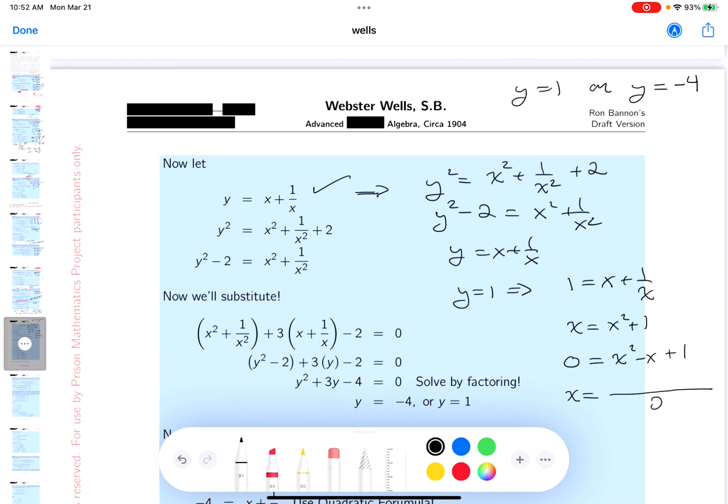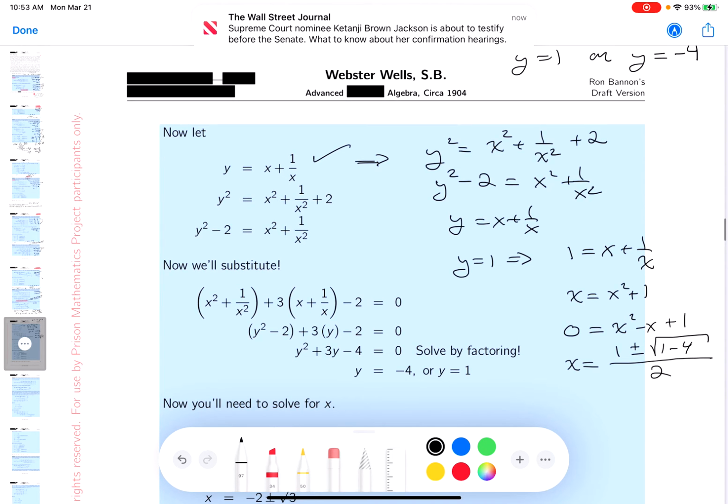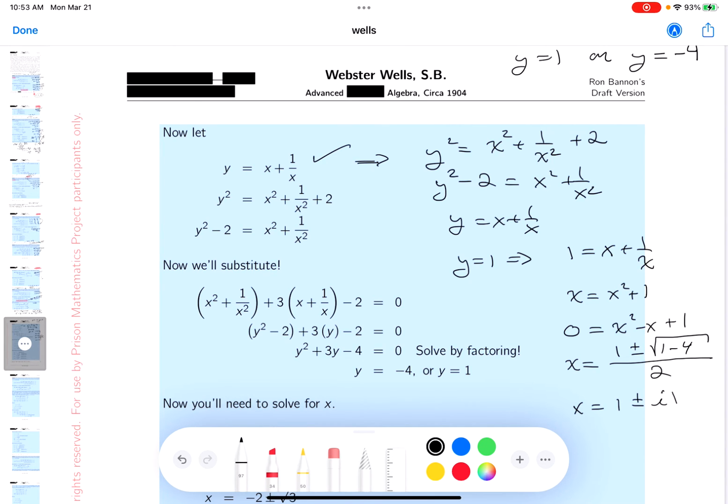That's going to be 2, 1, plus or minus. The b squared is 1, minus 4. So what do you get over here? x equals 1 plus or minus i root 3 over 2. So I found 2 more roots.